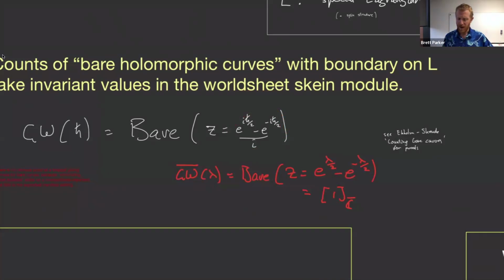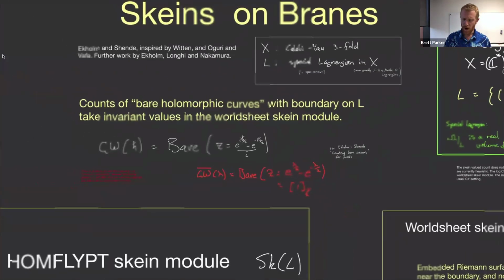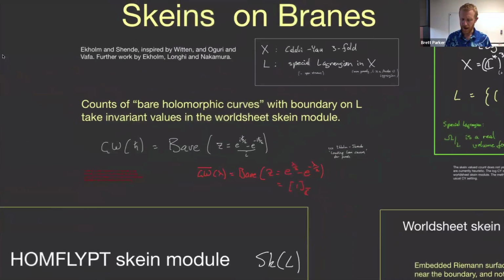Or when you're talking about anti-holomorphic counts of curves, you can replace z by this other quantum deformation of 1. So what I want to do is get the formulas to work for Gromov-Witten style counts.